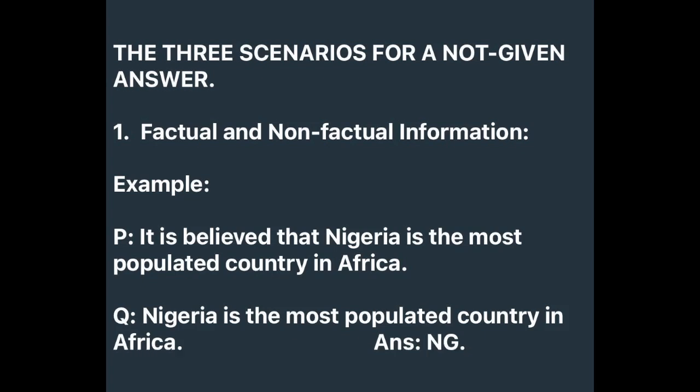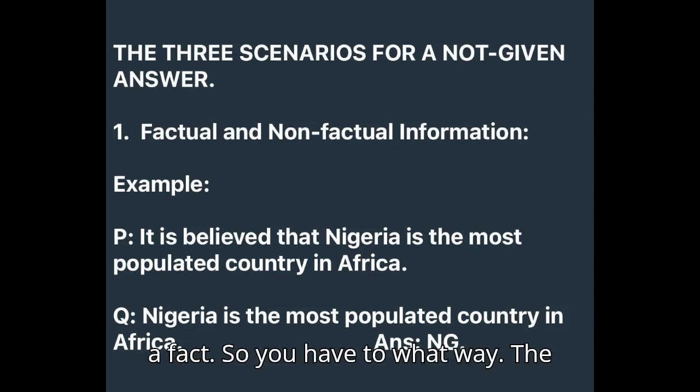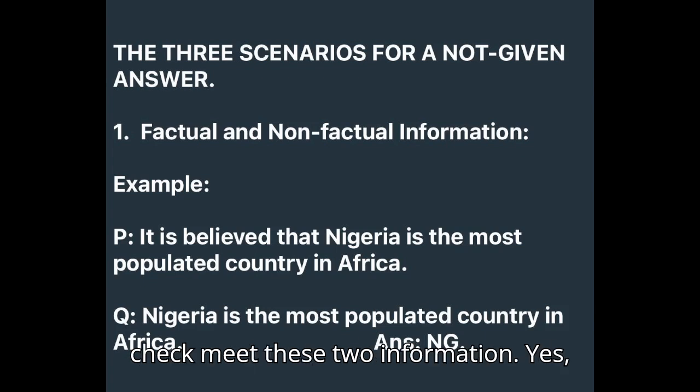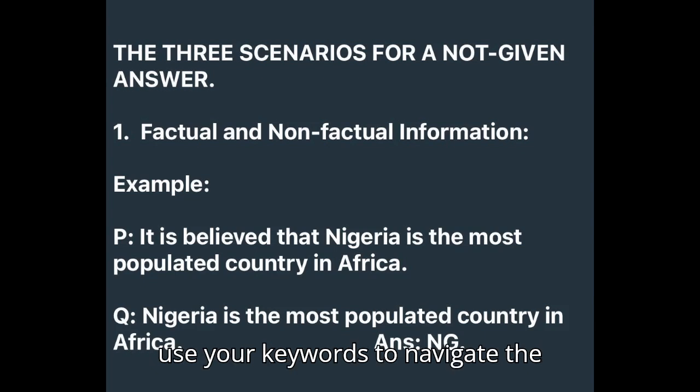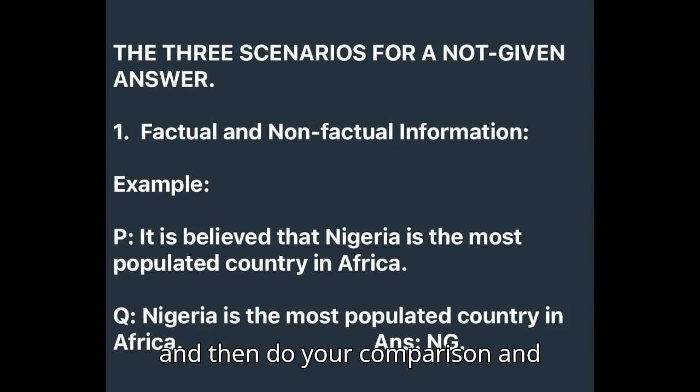Is the question a belief as well, or is the question a fact? So you have to weigh and make sure you really checkmate these two information. Yes, use your keywords to navigate the position or the location of your answer, and then do your comparison and contrasting. After which you provide your answer.